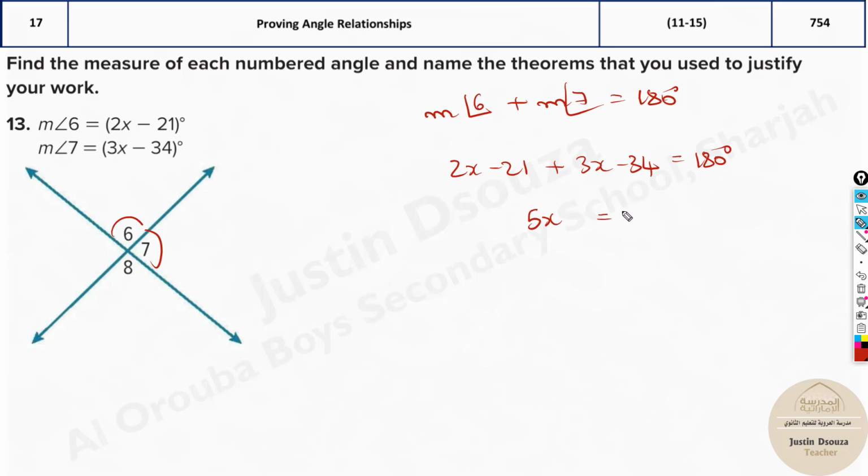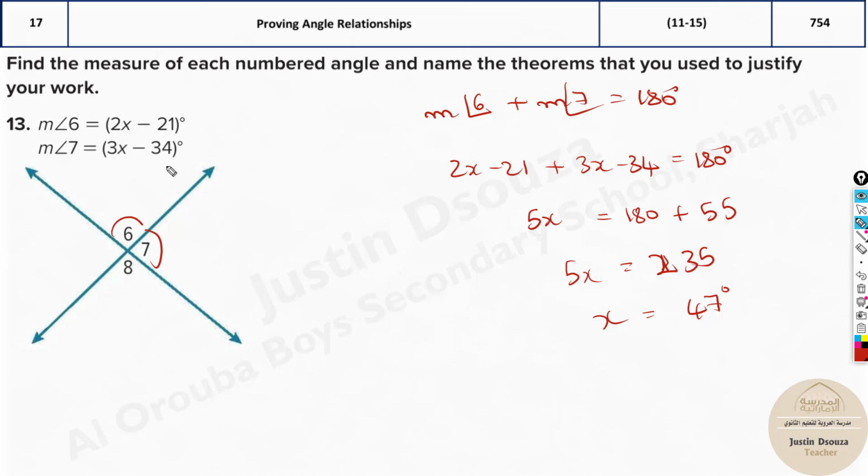5x is equal to 180 plus, because this goes to the other side, it adds up. We can add this, it's 55, and this is going to be 235. And for 5x, just divide by 5, it'll be 47. So divide both sides by 5 and you will get x is equal to 47 degrees.